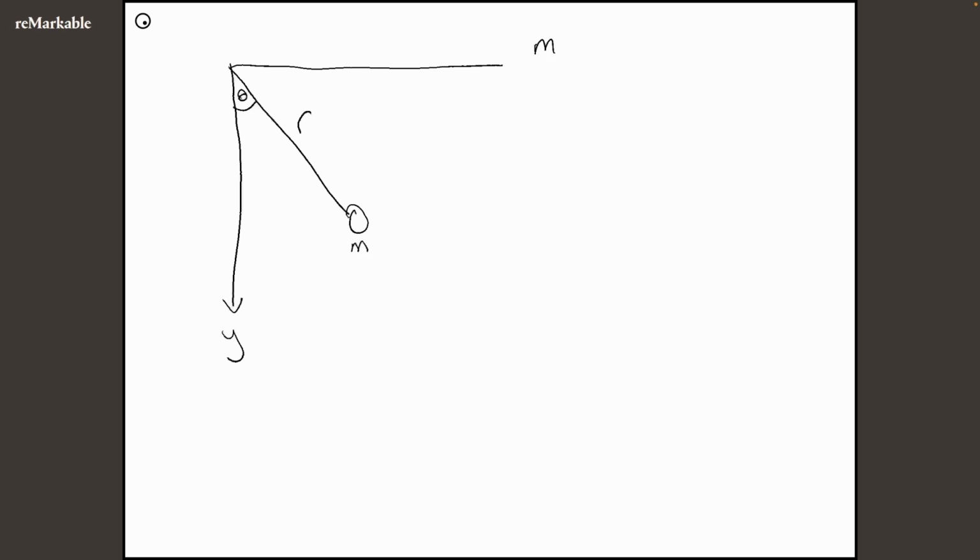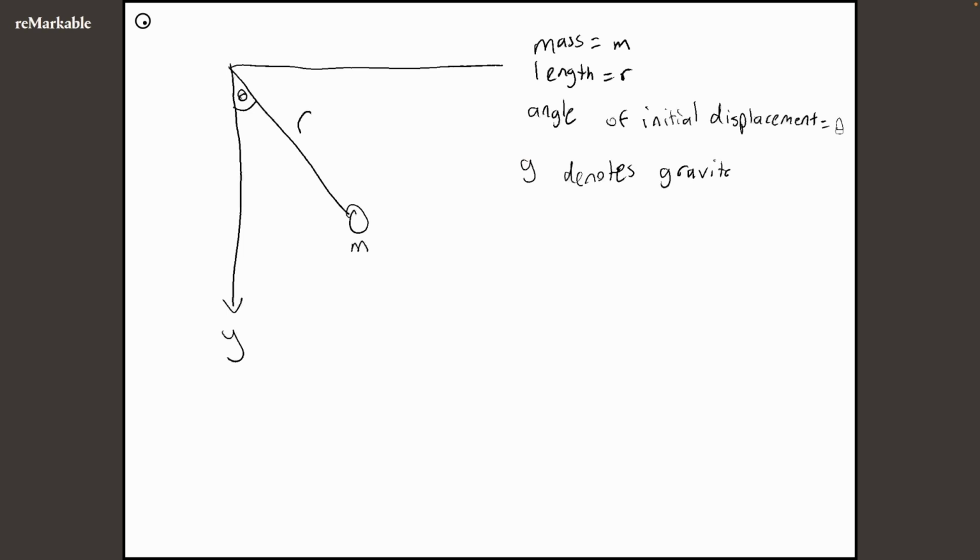So we know mass is equal to m, we know length is equal to r, we know angle of initial displacement is equal to theta, and we know g denotes gravitational acceleration.